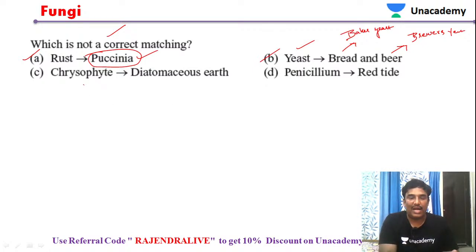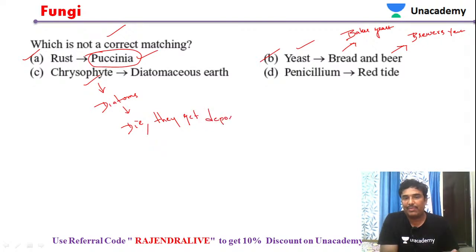Now we have another one, that is chrysophytes. The chrysophytes are nothing but diatoms. When these diatoms die, they get deposited at the bottom of the ocean.